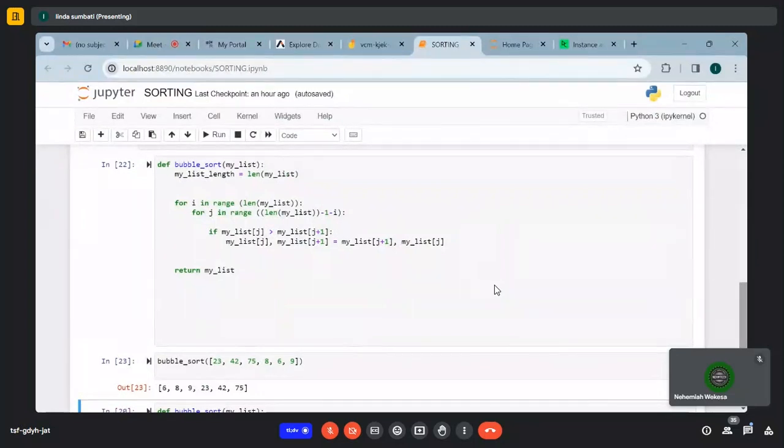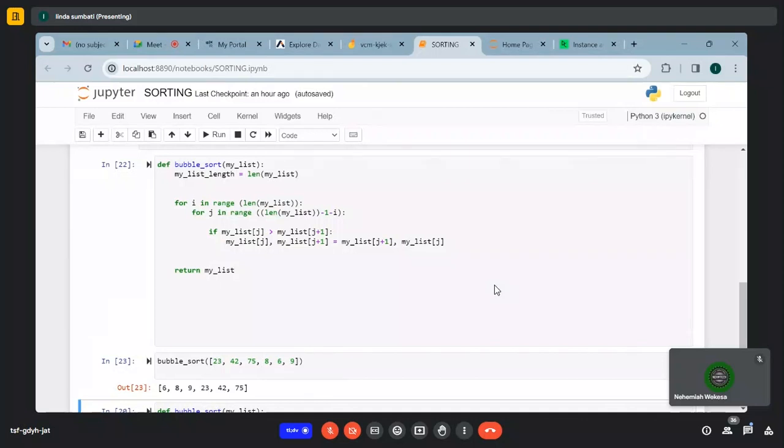So the J is telling the code that for each of the positions in our list, do the following.